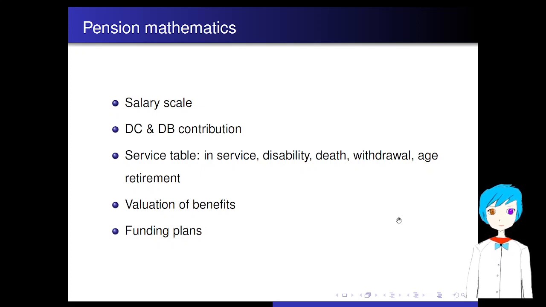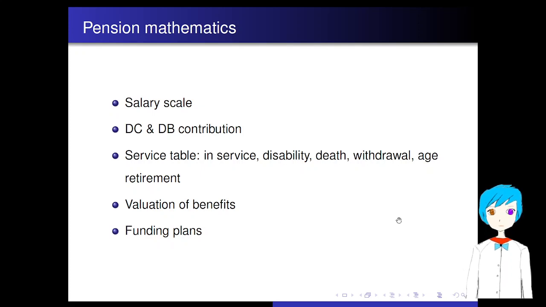We also learn how to evaluate benefits, especially how to evaluate benefits after an early withdrawal of labor. Usually, it is accompanied by a cost of living adjustment when the accumulated benefit before withdrawal of labor is applied to pay for the benefits after retirement.